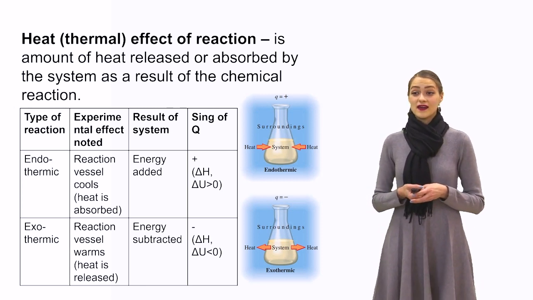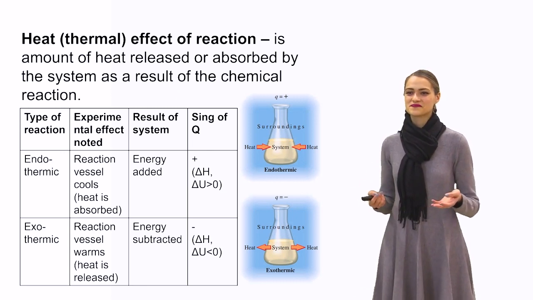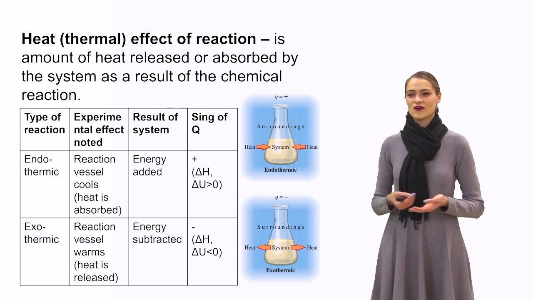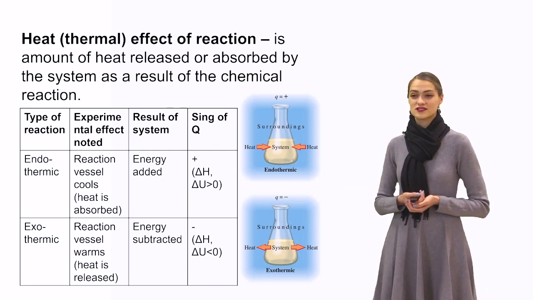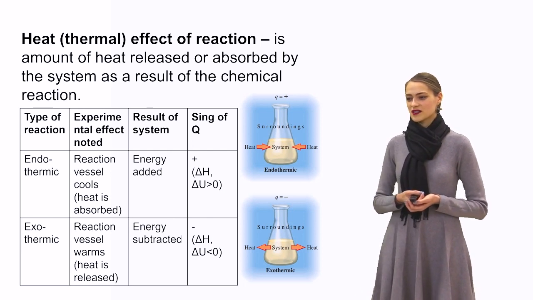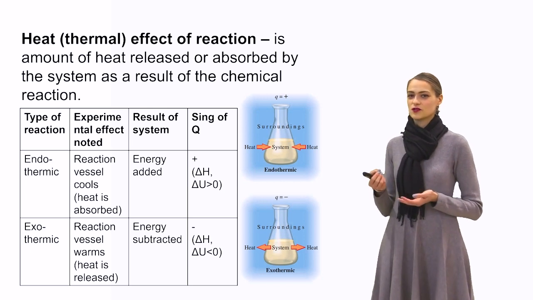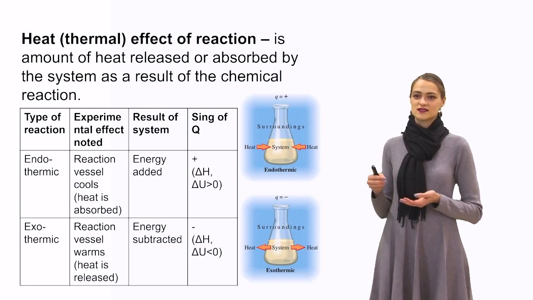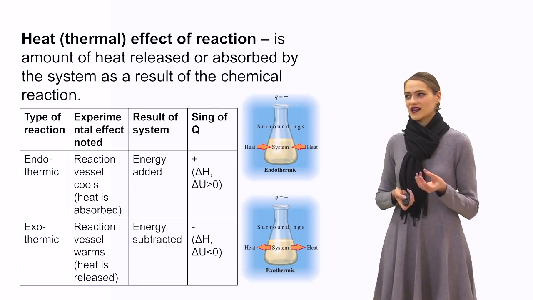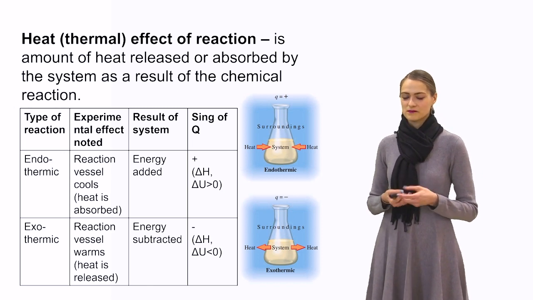And then the system loses energy, for example, as I already said, a combustion reaction, or maybe a neutralization reaction, or maybe you want to make a solution of sodium hydroxide, and then you put sodium hydroxide in the water, you feel the glass in this case becomes warmer.